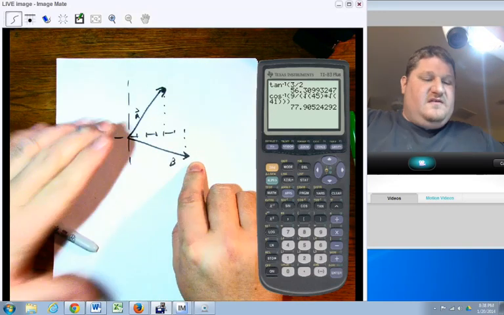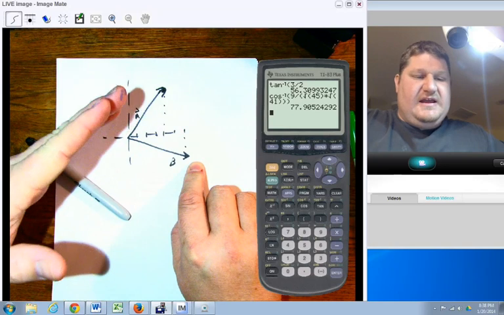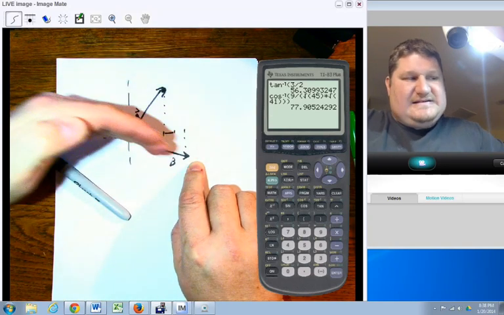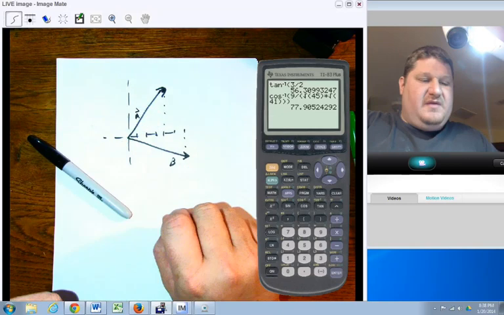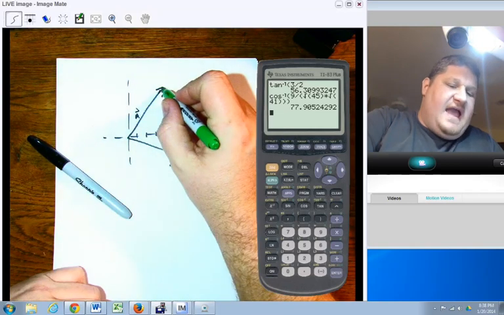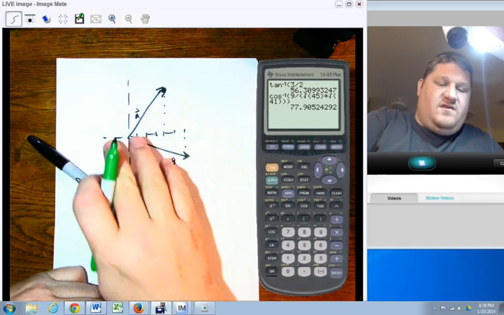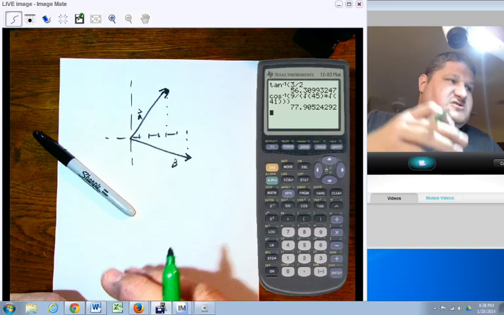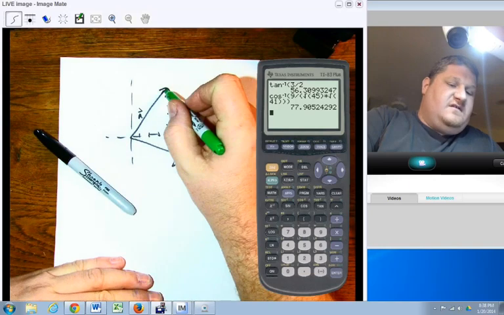But because A is also pushing, yes, it's pushing this way, but it's also pushing somewhat in the same direction as B, the question becomes, how much of A affects the movement in B? How much added motion, how much added force does A give to B?